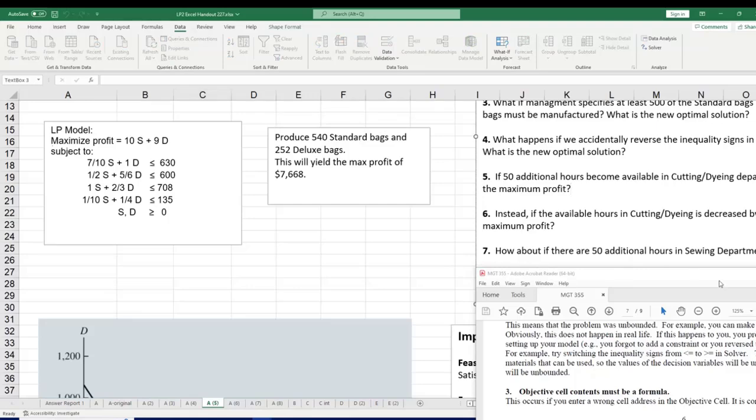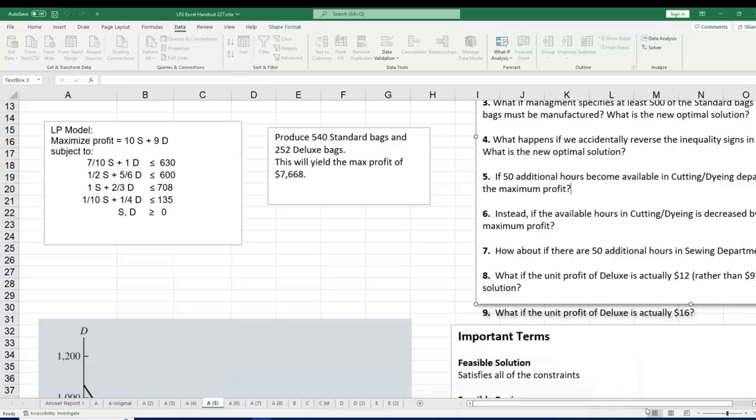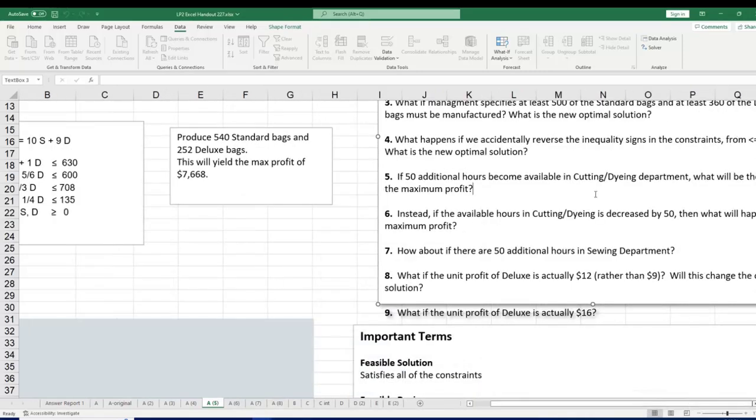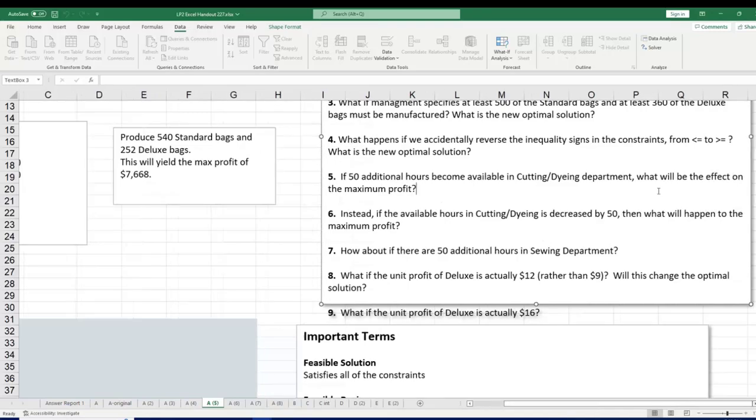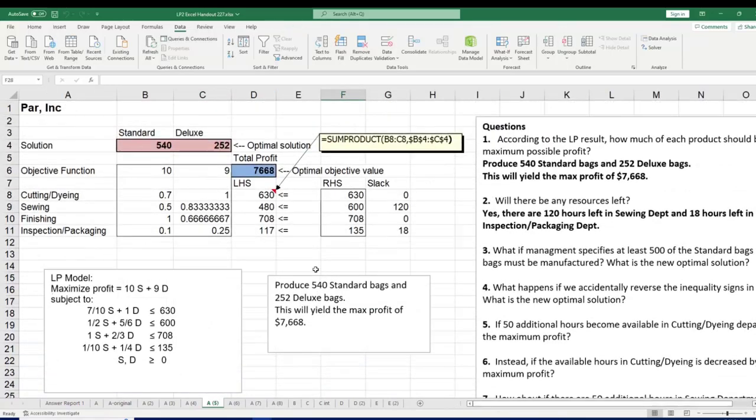Okay, so let's take a look at this. It says, if 50 additional hours become available in the cutting and dyeing department, what would be the effect on the maximum profit? So 50 hours become available in the cutting and dyeing department. What does that mean? It is saying cutting and dyeing department, so this is what is available, 630.